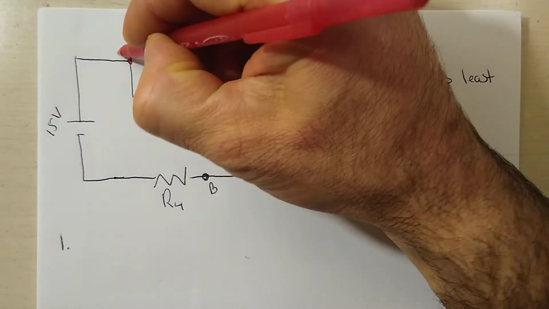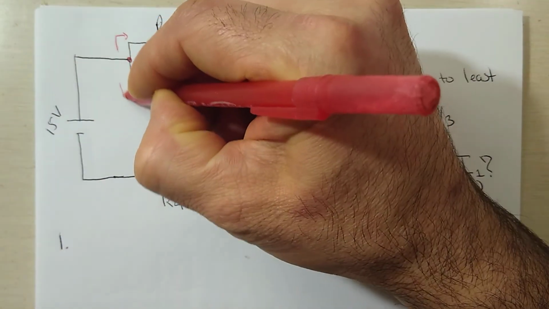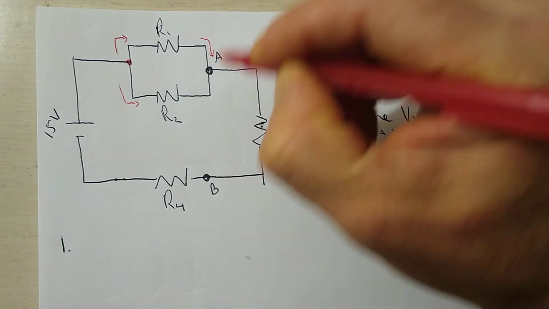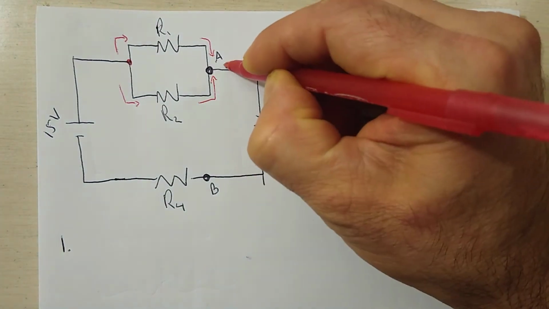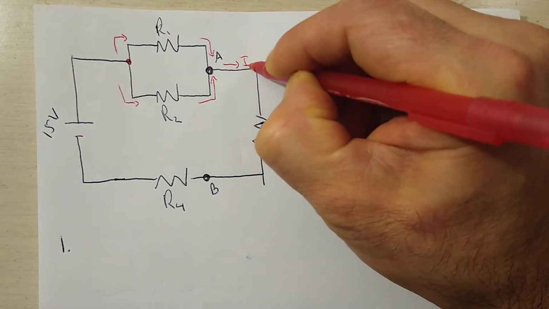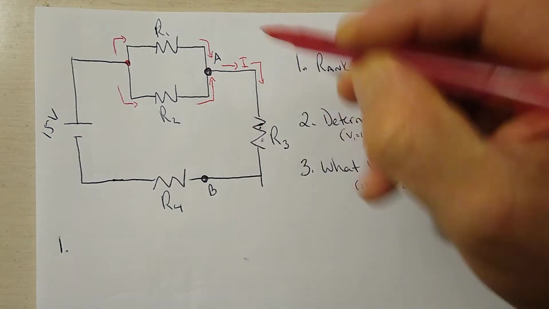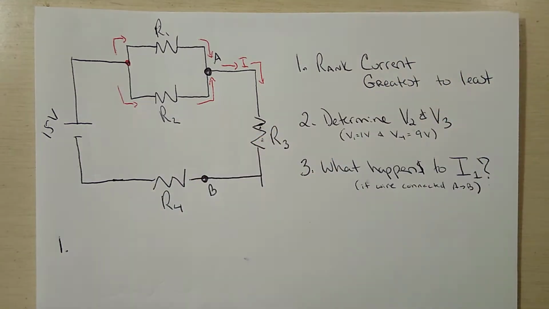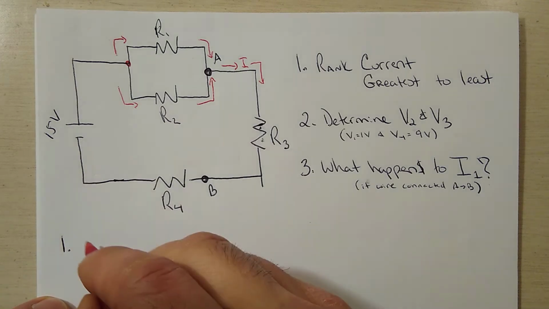The current then comes together on the other side of the resistors at junction A here, and off it goes, right? So this full current then goes through resistor 3 and through resistor 4. So both 3 and 4 are equal to one another in terms of the current going through them, and they are both greater than R1 and R2.